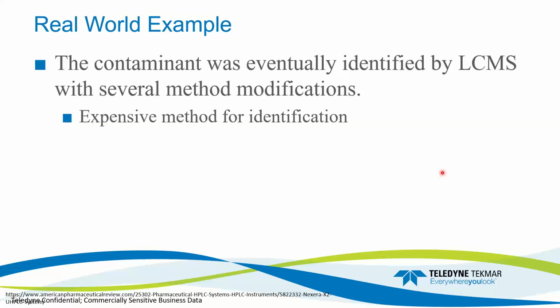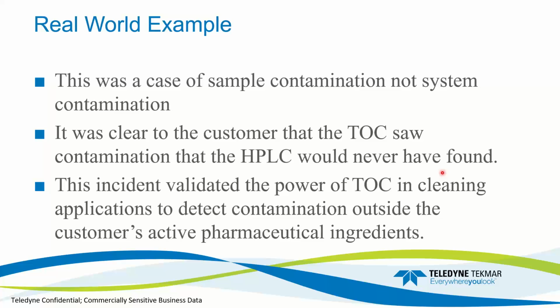But with TOC, one simple run was able to identify that contamination and bring it to their attention very easily. If you don't need to continue to do that step, a no-go or yes-go step for your actionable limits is great because TOC can work to identify those for you.